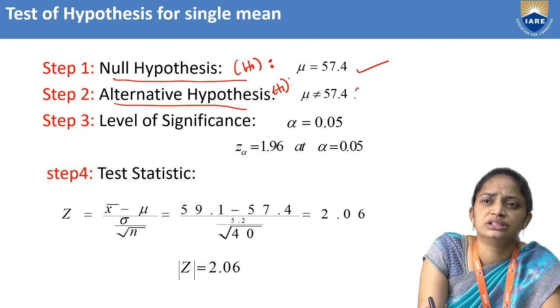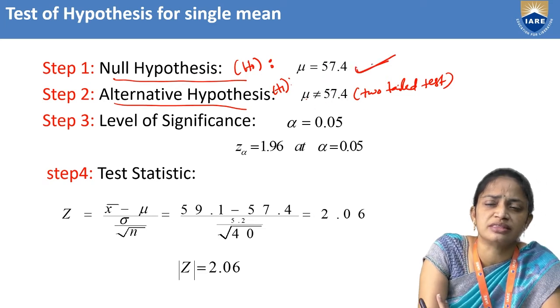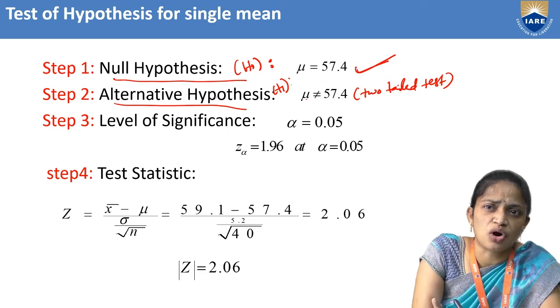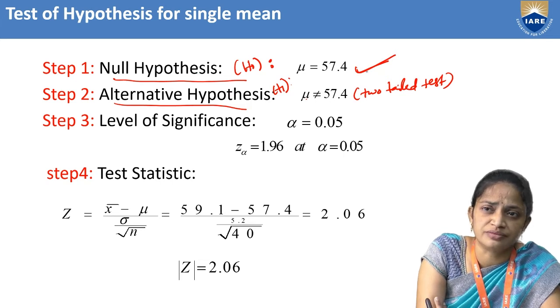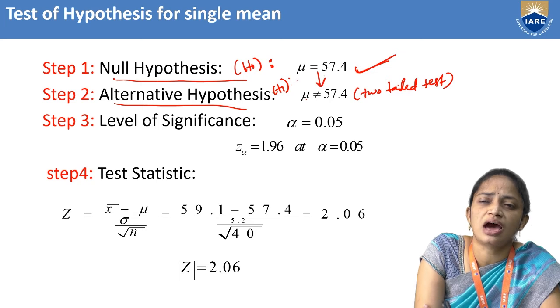This is a two-tailed test, as we already discussed in the previous problem. The alternative hypothesis differs from the null hypothesis, that's why we take mu not equal to 57.4.